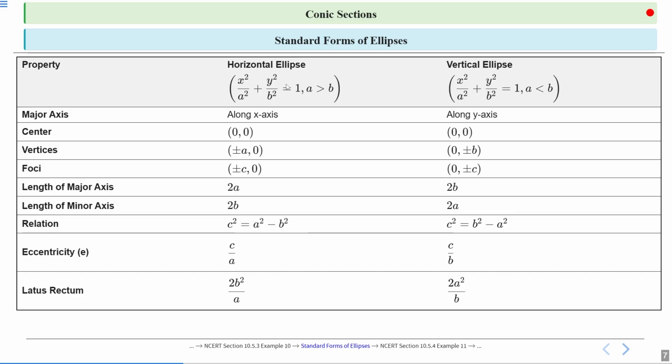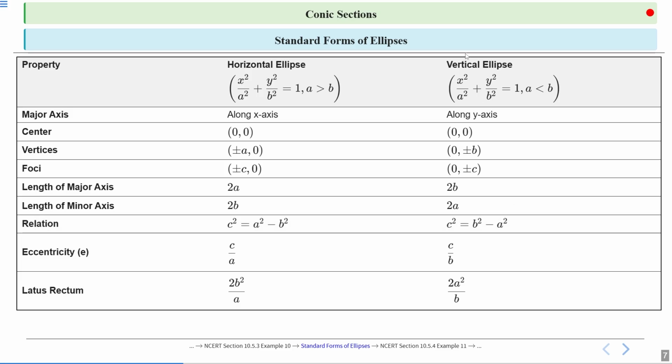Then the length of the major axis. For a horizontal ellipse, the length of the major axis is 2a, and for a vertical ellipse, it is 2b. Now the relation between c, a, and b. For a horizontal ellipse, c square equal to a square minus b square, and for a vertical ellipse, c square equal to b square minus a square.